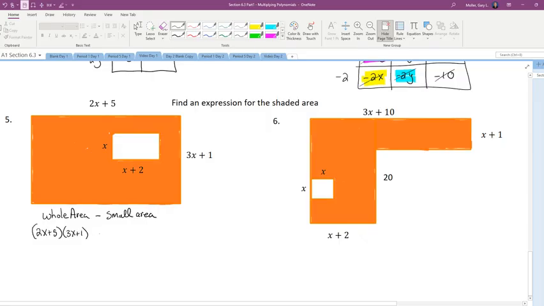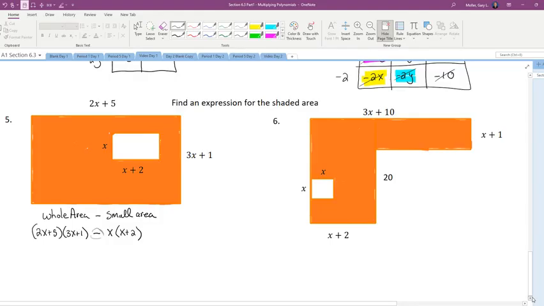Then I need to subtract the small area, which is length times width. So minus x times x plus 2. So I've got to do the multiplication, 2x plus 5 times 3x plus 2. And then I'm going to subtract, and the subtract is going to be key here, the rest of it.